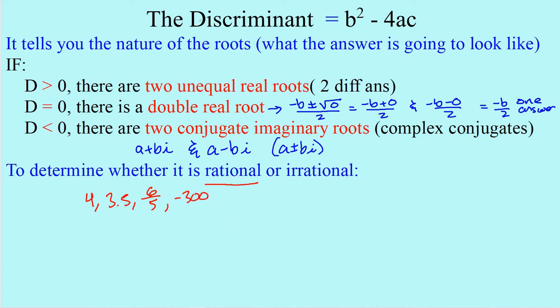Those are all rational numbers. Irrational numbers would be like pi and the square root of 3 and the square root of 7. Okay? Or 2 square roots of 7. Right? Something that you can't write nicely as a fraction. Okay? So, determine whether it's rational or irrational.